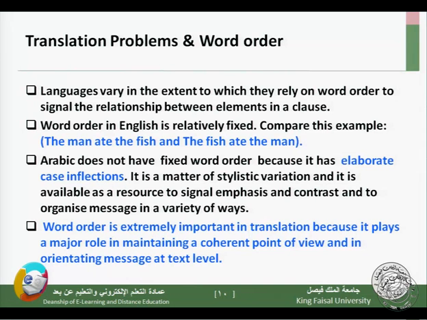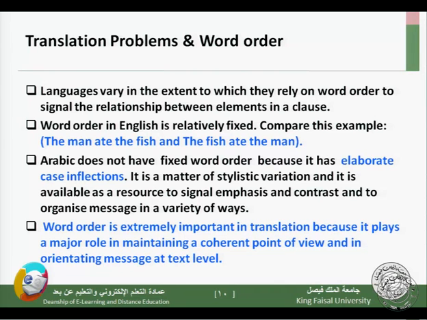In Arabic, because of the inflectional system we have, فعل, فاعل, يفعل, متفاعل, all these are inflections. You need يضرب, ضرب, يضربنا. All these are inflections. You can manipulate the word order. ضرب الولد الحجر.